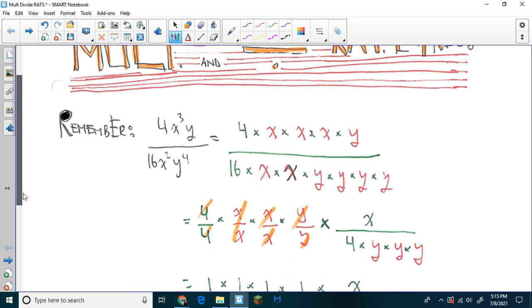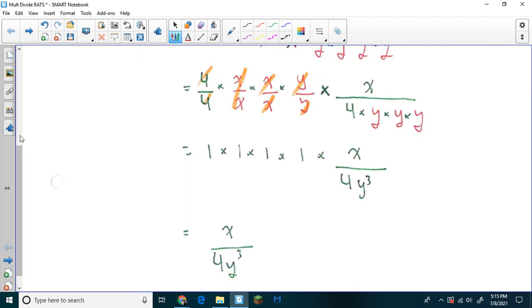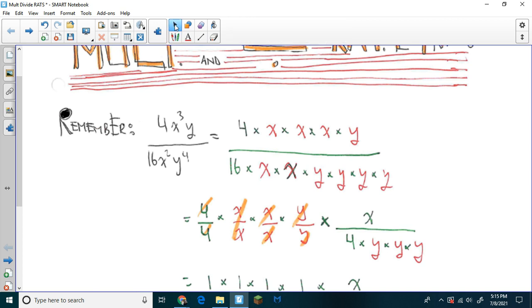So here's just an example that we talked about in the last lesson, where we had to simplify this. Now notice, this expression is completely simplified. Or sorry, let me retract that statement.